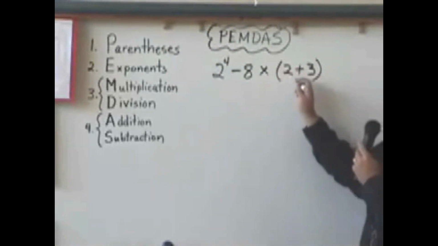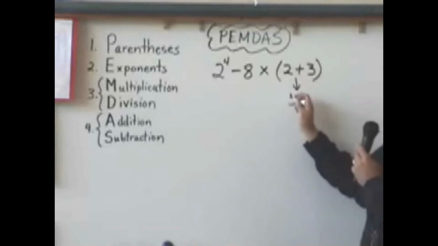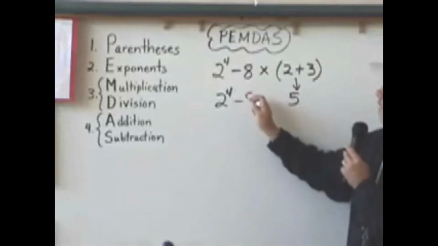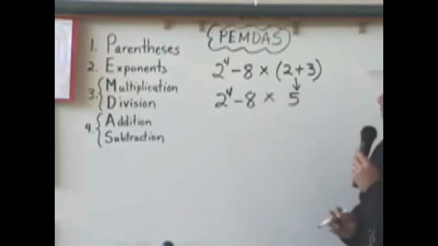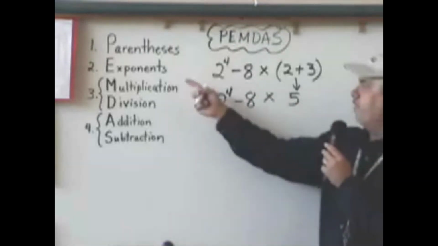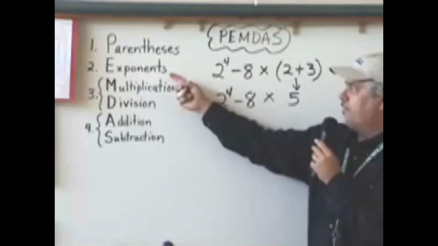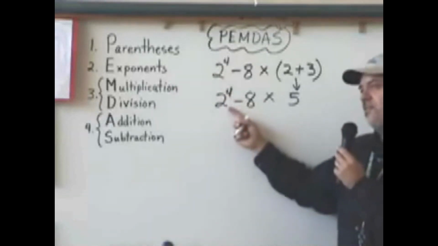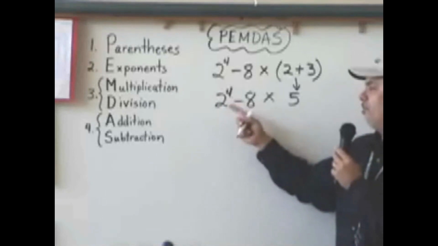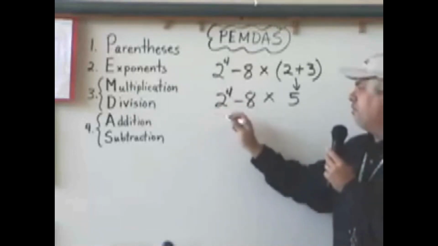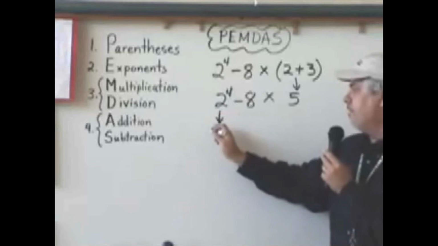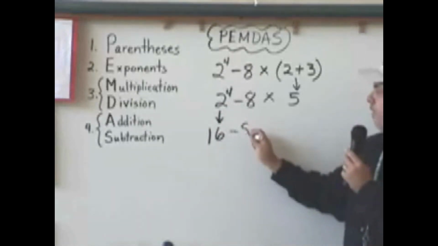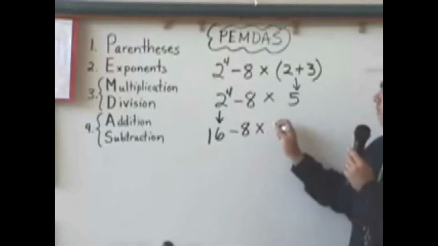Here are my parentheses. 2 plus 3 equals 5. So now I have 2 to the 4th power minus 8 times 5. No more parentheses, so I'm going to go and do exponents. 2 to the 4th power means 2 times 2 times 2 times 2. 2 times 2 times 2 times 2 equals 16. So now I have this, 16 minus 8 times 5.